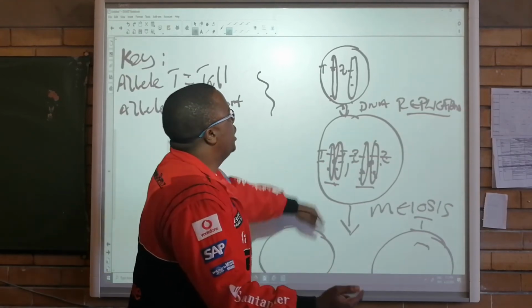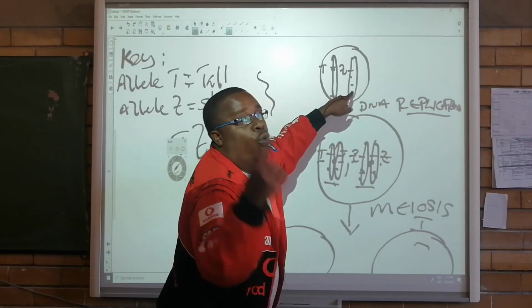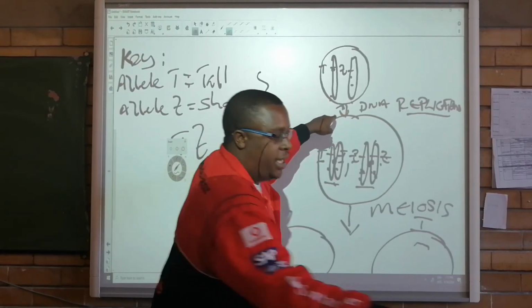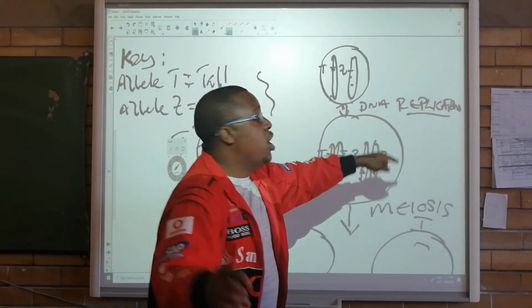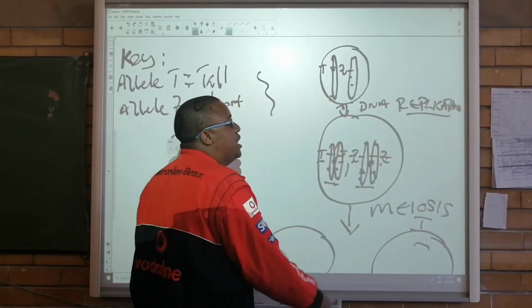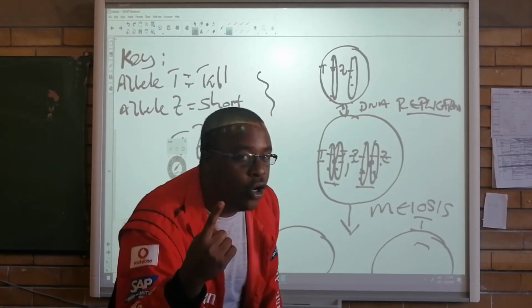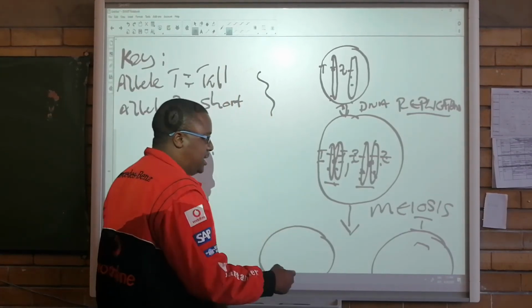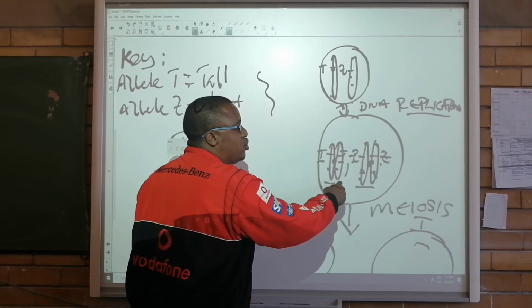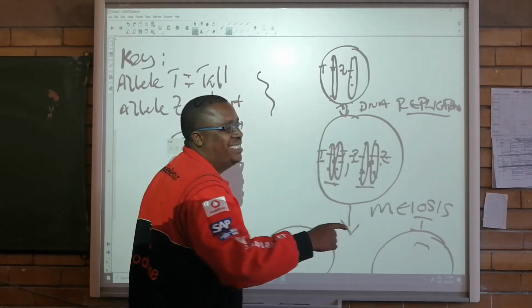Right. So if these 2 chromosomes of 1 homologous chromosome pair undergo DNA replication, you end up again with the same 2 chromosomes of a homologous chromosome pair, but this time each chromosome has a sister chromatid.